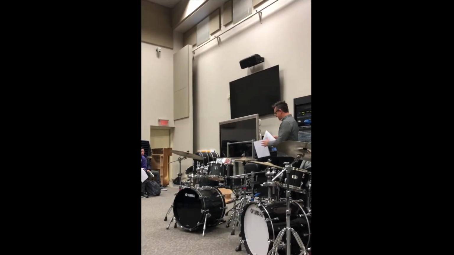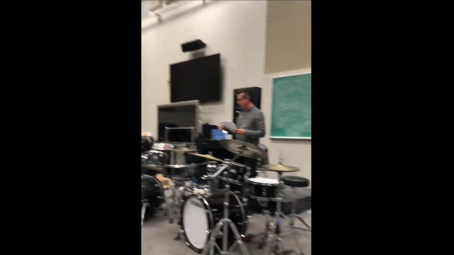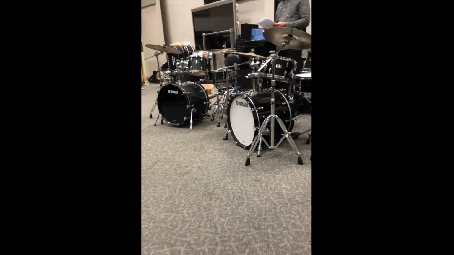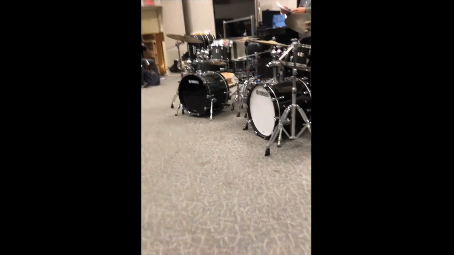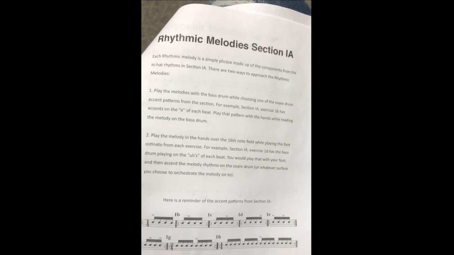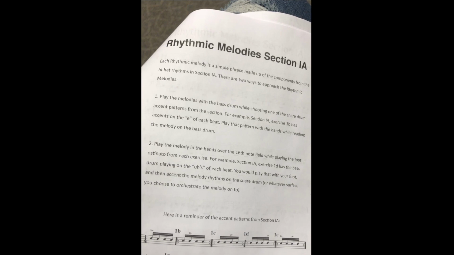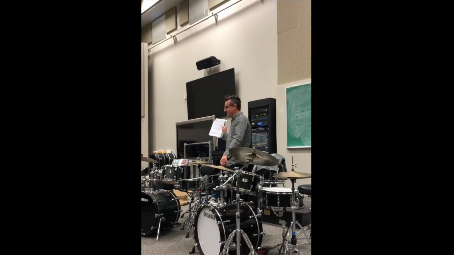Okay, turn the page. Rhythmic melodies. This is one of the things that, all this stuff is in my book, The Foundation Series. So rhythmic melodies, this first thing, you see all the accent cells. Accent on the downbeats, the E's, the ands, the uhs, the E's and uhs, all the eighth notes, beats 2 and 4, beats 3. Everyone see that?